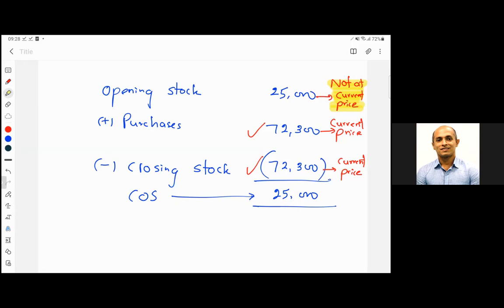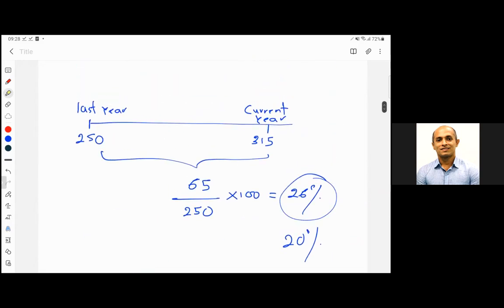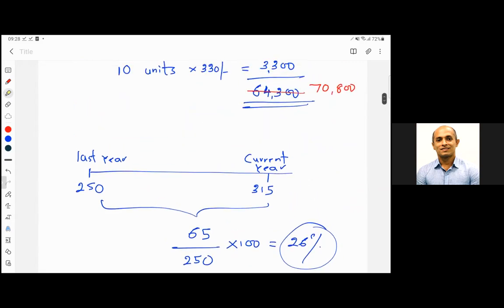So you can find by which percentage the price level has changed, then you can adjust your opening stock. Now we have calculated that the price level has increased by 26%. You may judge a different percentage, but let's say your judgment is that this is appropriate.